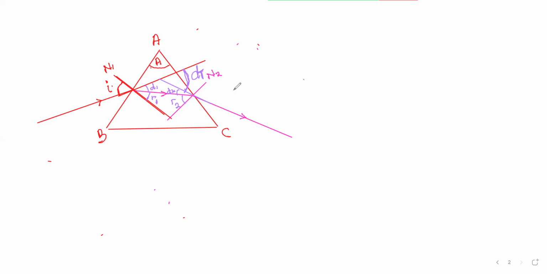Okay. So we came to this realization that the total deviation within the prism will be the first deviation plus the second deviation. We then obtain D1 to be I minus R1.